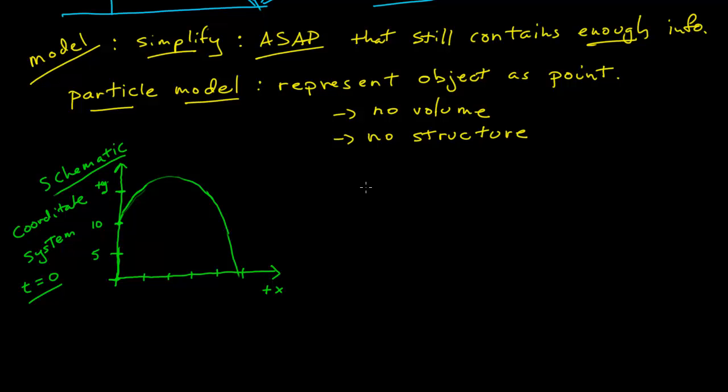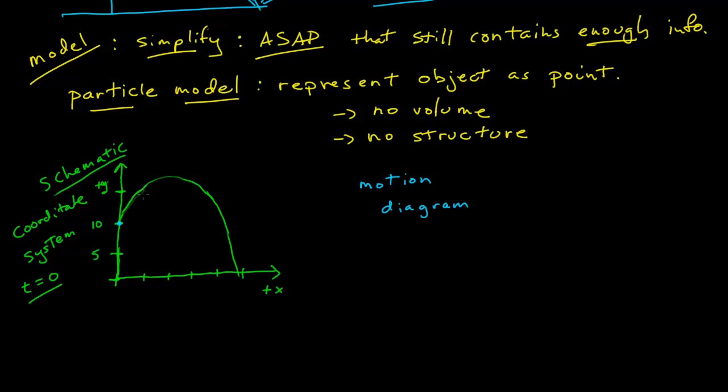Okay, so from my schematic, I want to create a motion diagram, which is now the location of this particle at even intervals in time. So at t is equal to 0, the particle is still right where it's going to leave.